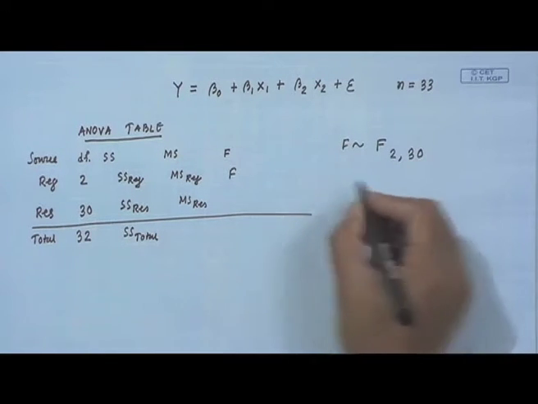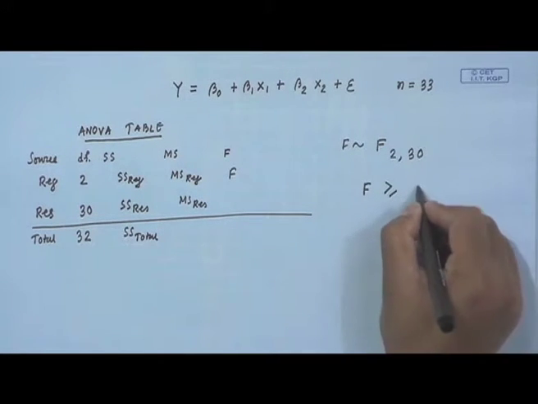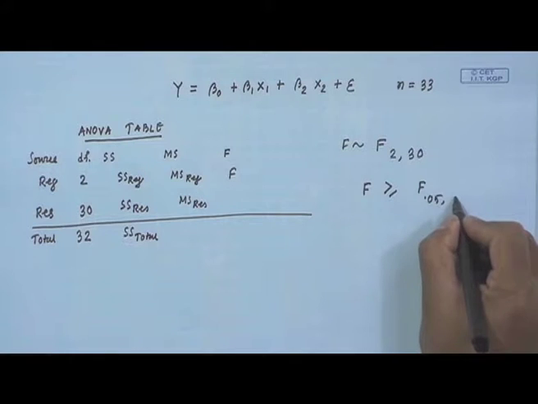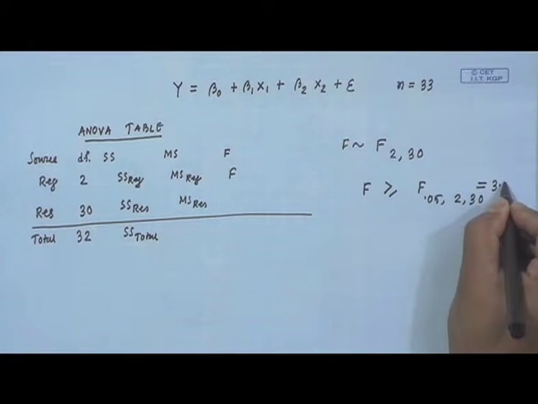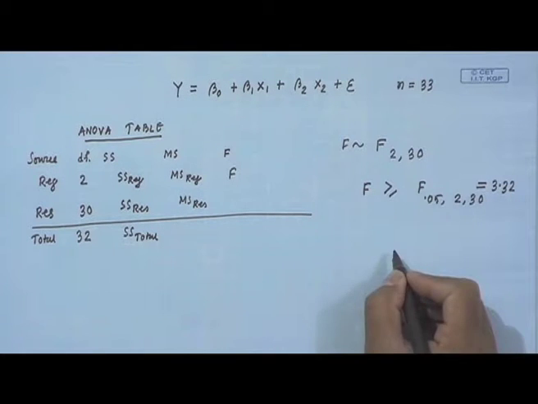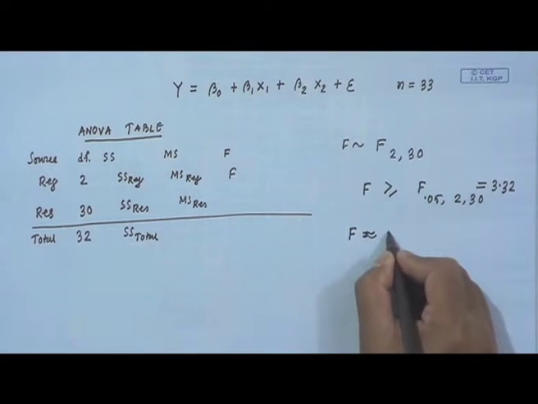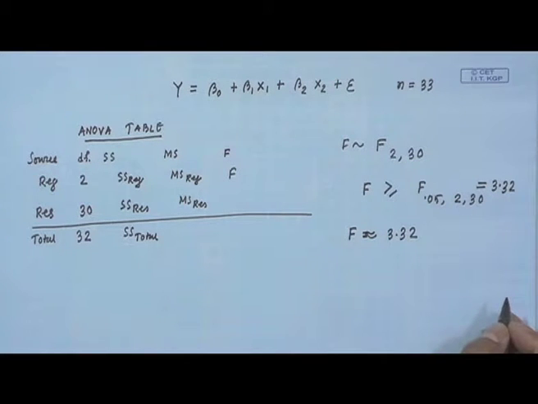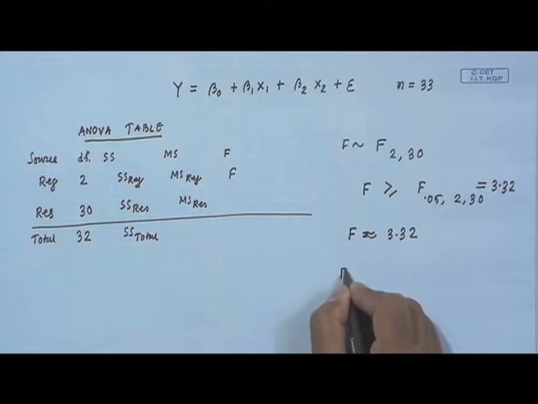So, that means the observed F value is just greater than or equal to the F value 0.05 with degree of freedom 2, 30, which is equal to 3.32. So, you can assume that the observed F value is close to 3.32, and from here you have to compute the R square value.